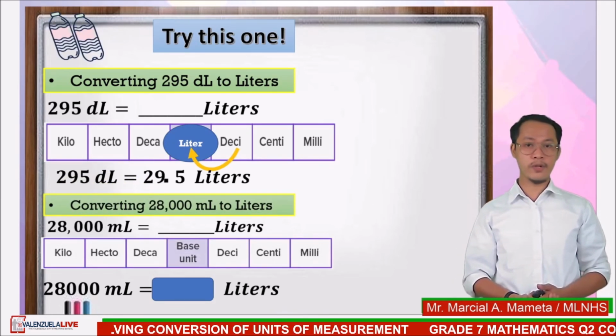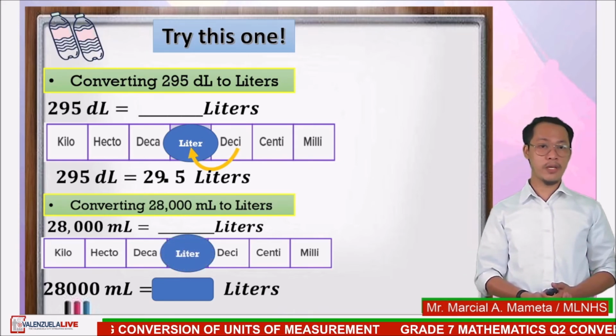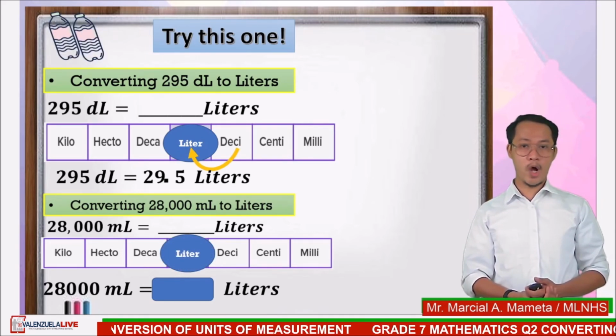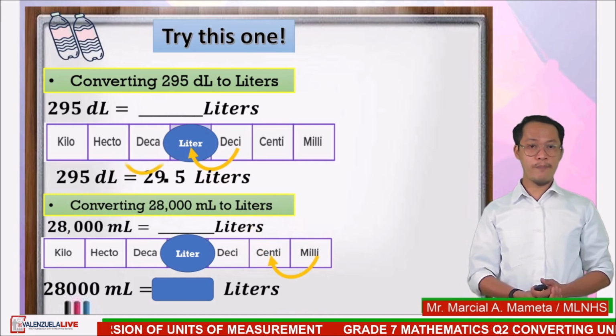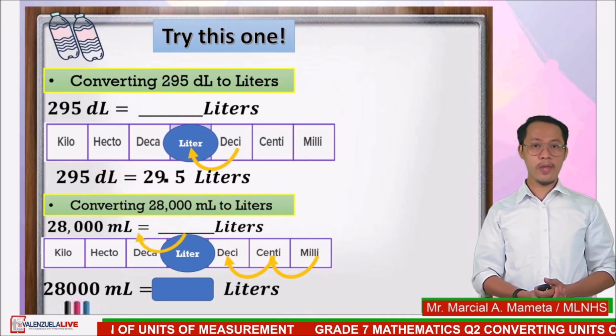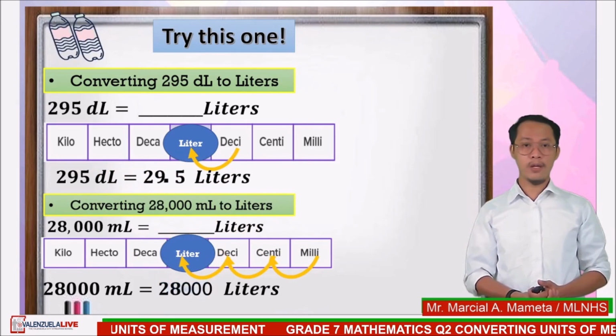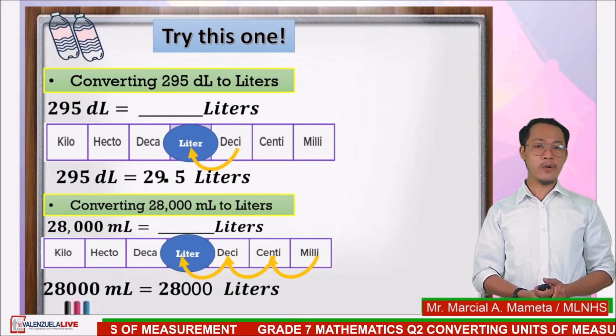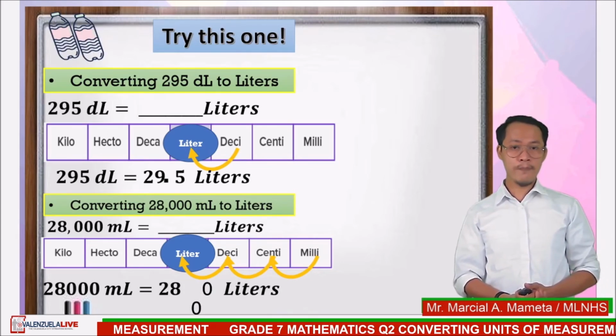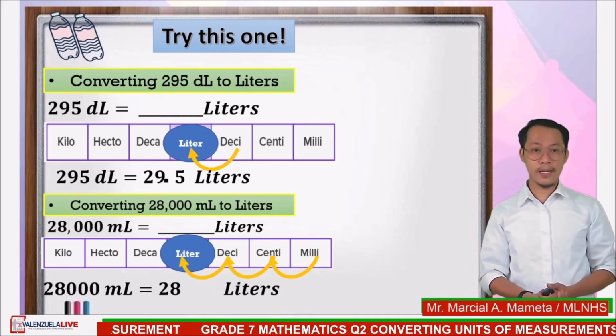And let us try converting 28,000 milliliters to liters. Again, using the conversion line, base unit is also liter. So from milliliter, move 1, 2, and 3 units going to the left. Therefore, 28,000 milliliters is equal to 28 liters.